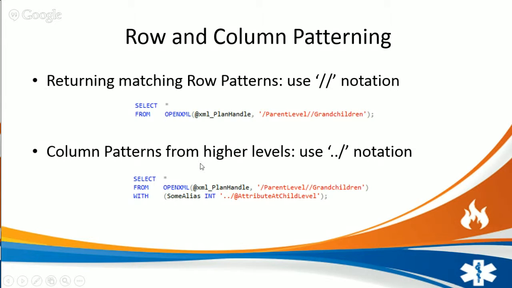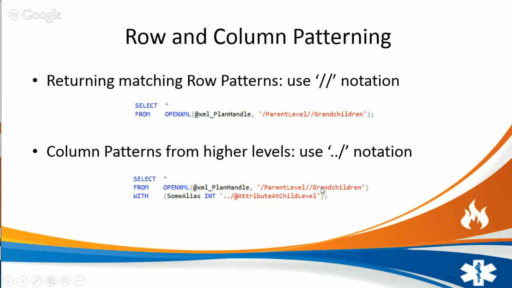And then column patterns are in the with portion, so you can reference more than just nodes or attributes or elements at that given level. You can also go up the tree. In this example, do the parent level and then find any node that says grandchildren.